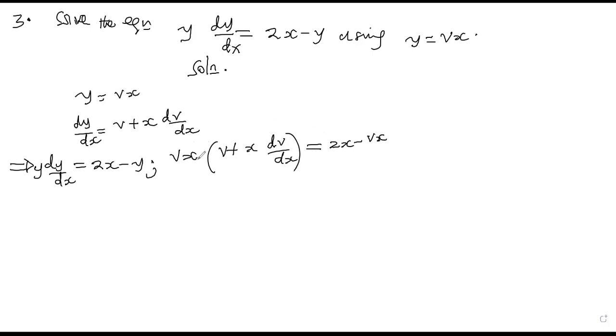So this is, if you divide through by x, it will cancel. You divide here by x, you divide here by x, you divide here by x, so we shall have v squared plus vx dv/dx is equal to 2 minus v this side.